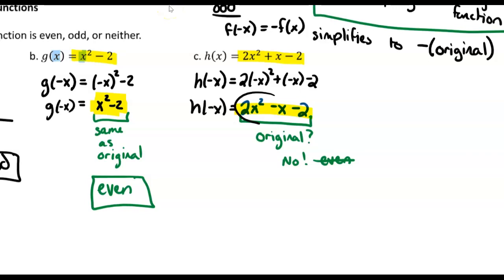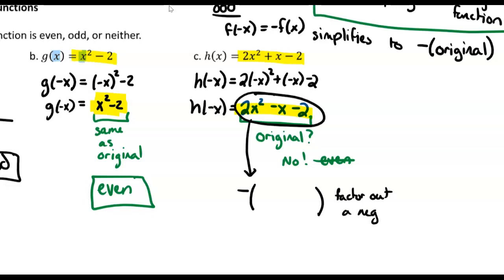So you take this equation right here, and you factor out a negative, okay? So if we take a negative out, we get negative 2x squared plus x plus 2.